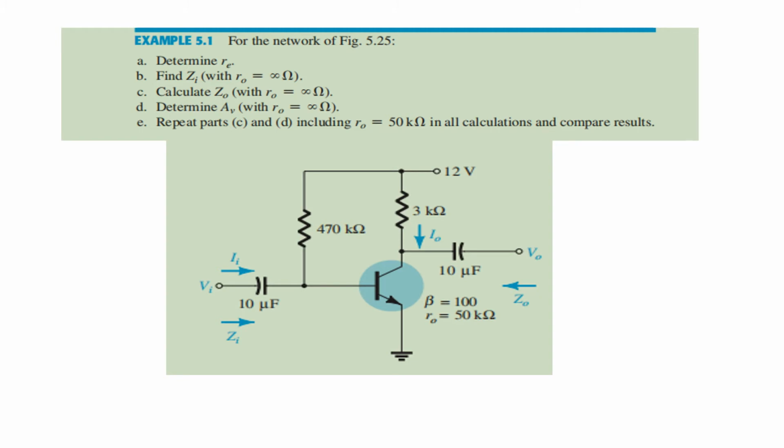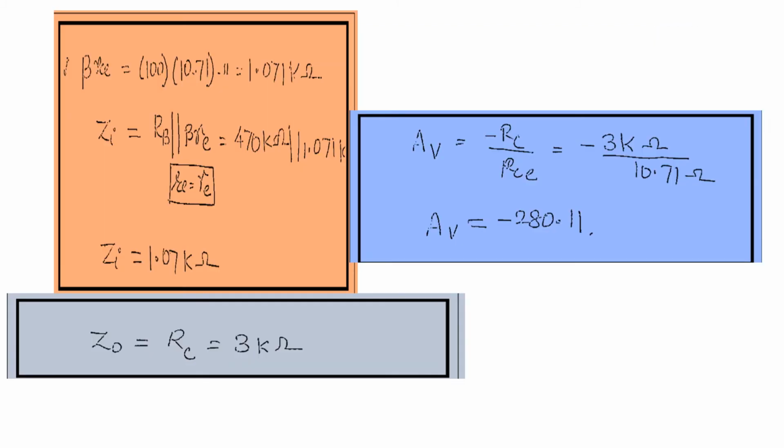A simple example here: determine the input impedance, Z0, and AV when R0 is infinity. Z0 is the output impedance, and AV is the gain when R0 is infinite. Beta times RE, first you check how much it is, then define your values here.